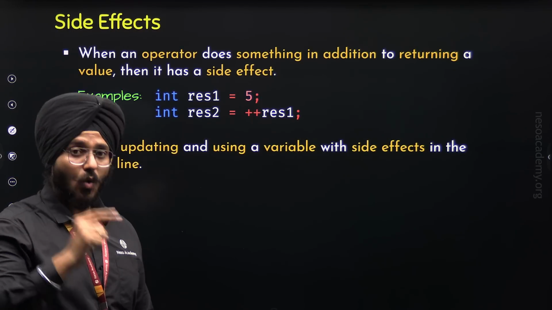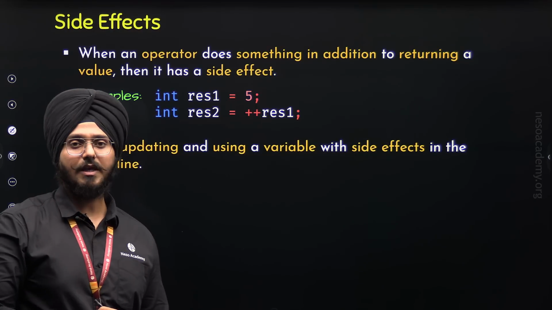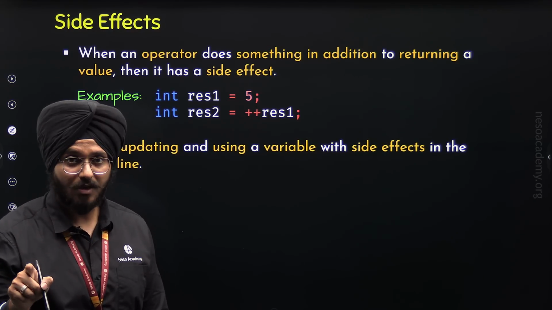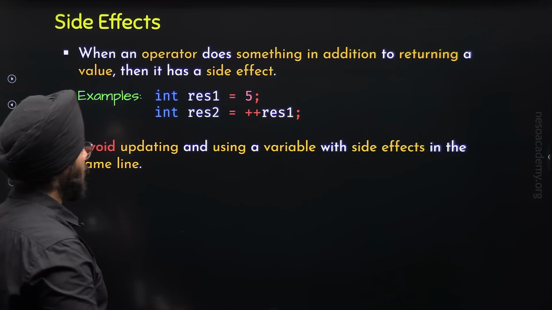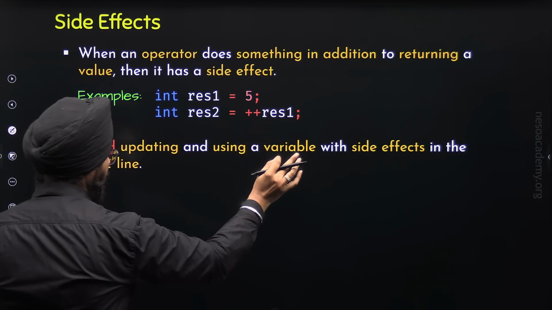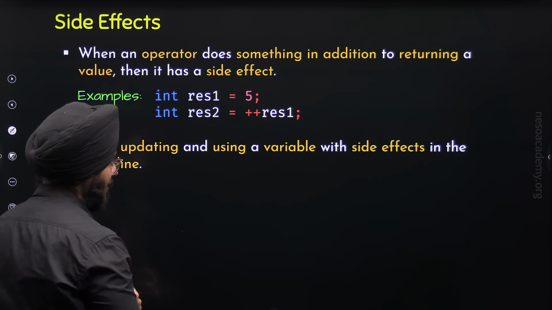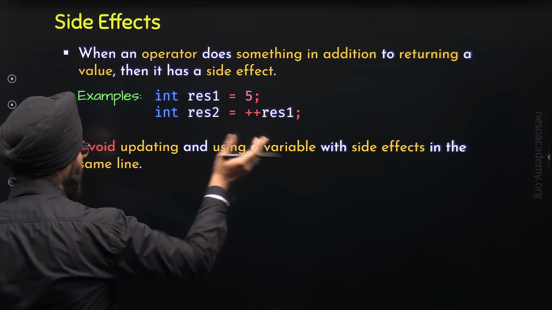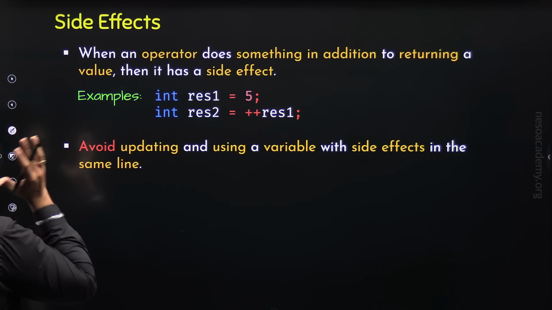Always try to avoid using a variable and updating that variable in the same line which has these side effects. Let's say you are trying to update a variable with the help of some operator which has this side effect, and you're using the same variable in the same line, then it will cause problems.